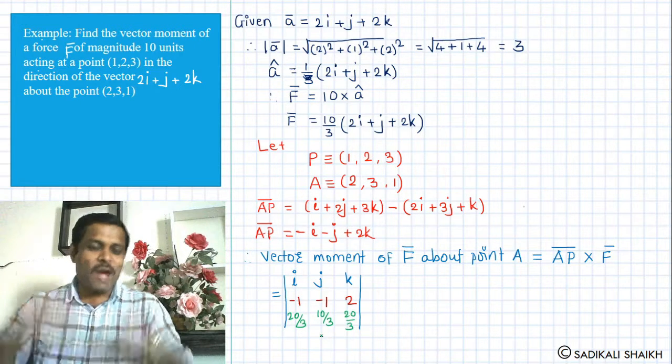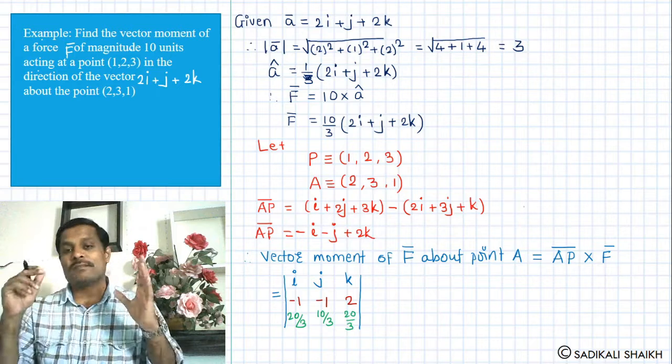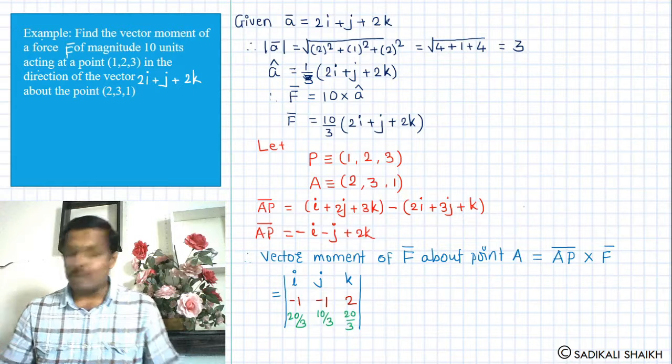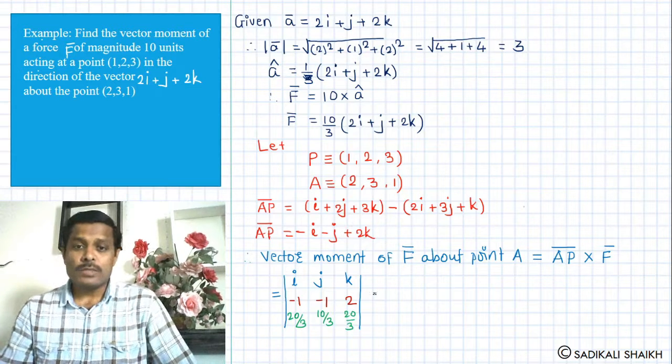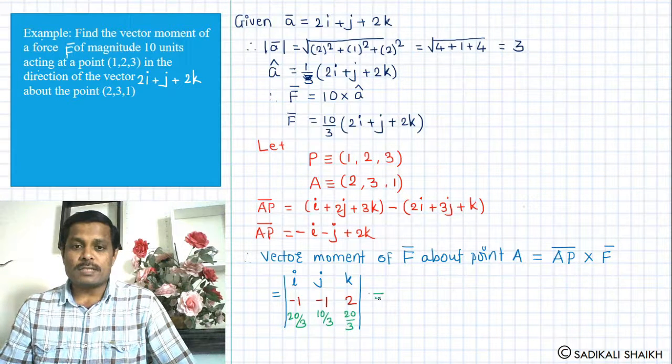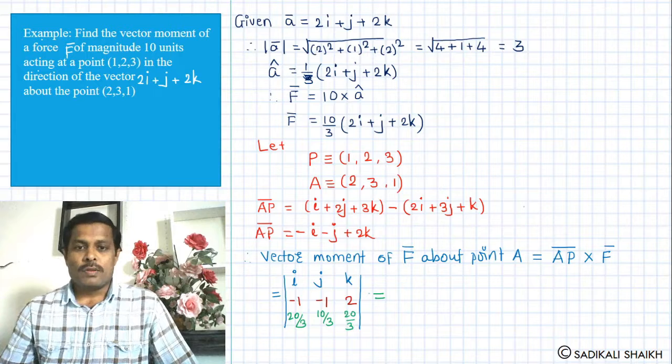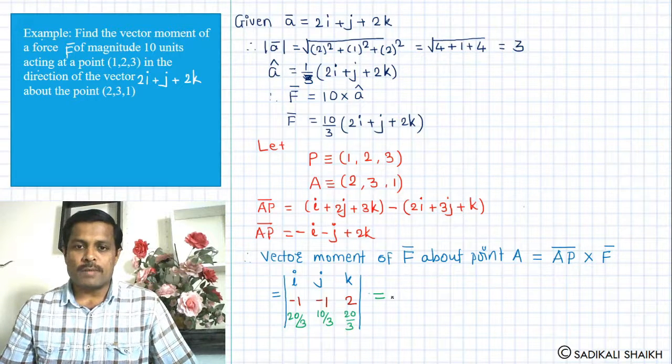Alright. Now the only work remaining is the simplification of this determinant. आता ही होगा आपको determinant solve करना. So how to solve the determinant? This is equal to, I am writing now, this is the first element of the first row, I. Okay.